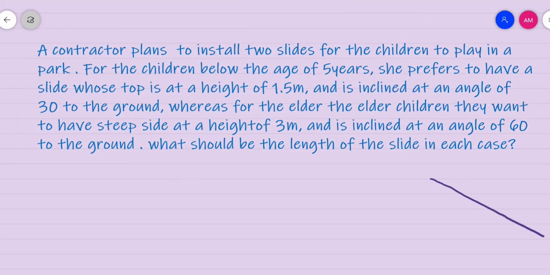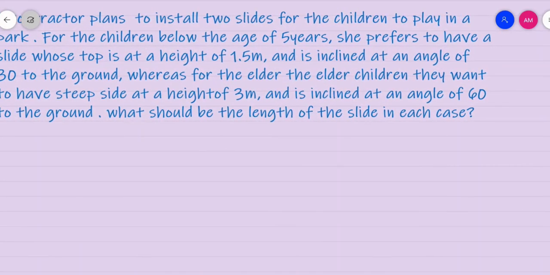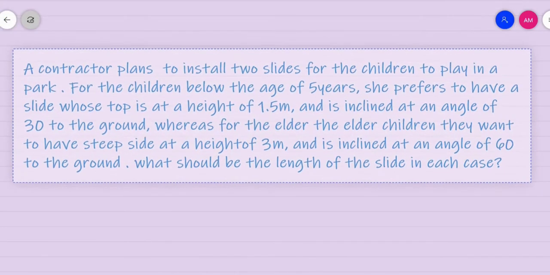Slides are fixed and this is the ground. These things are fixed and children start sliding over it. This type of slides are in the parks, and are to be installed by one contractor.